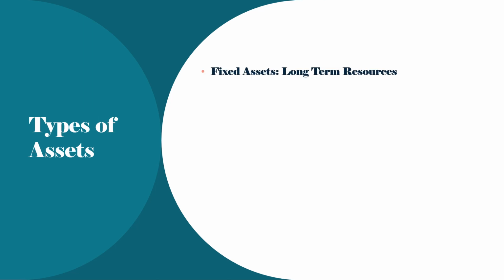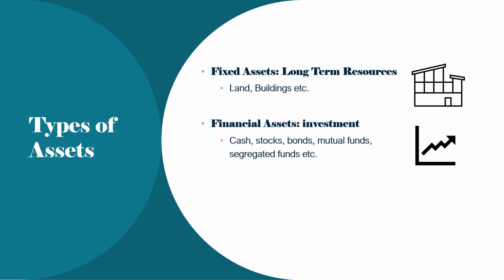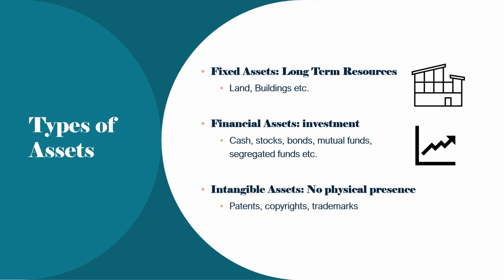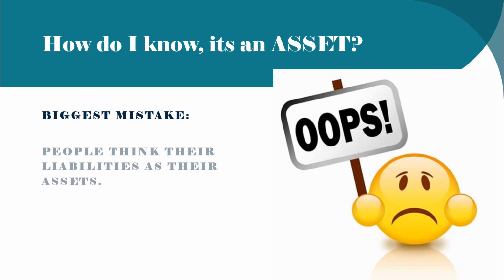Fixed assets, which are long-term resources that someone acquires, such as land, buildings, etc. Financial assets, which include various types of investments, such as cash, stocks, segregated funds, and intangible assets, the ones with no physical presence, such as patents, copyrights, trademarks, etc. Now, the big question is, how does someone know if they are buying an asset or a liability? The biggest mistake people make is they think of their liabilities as their assets and end up buying liabilities instead.